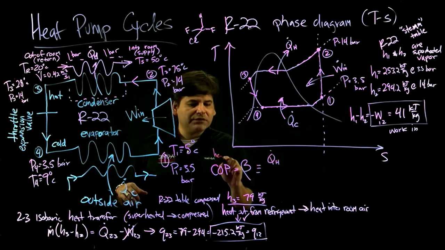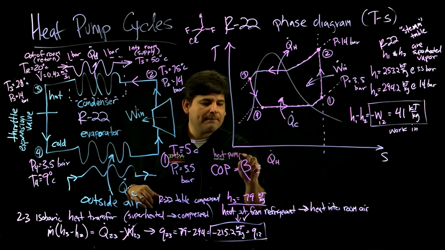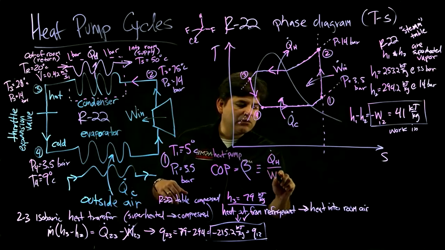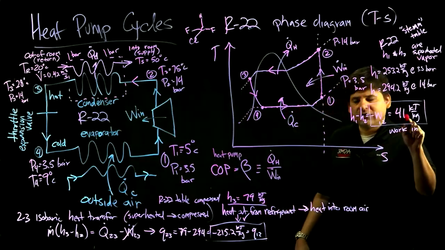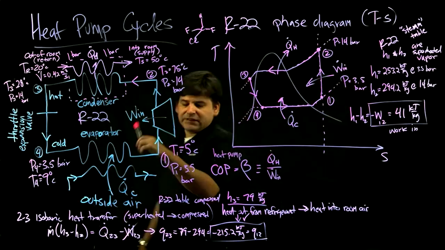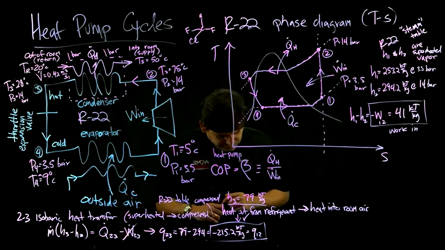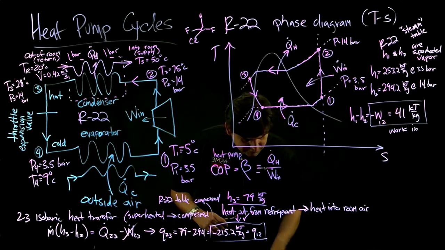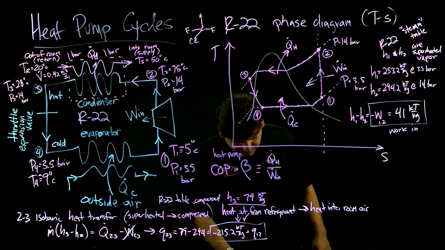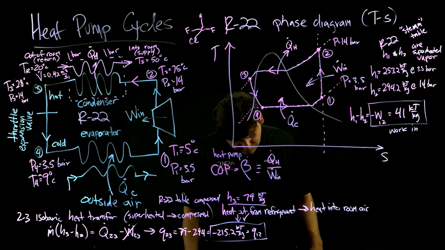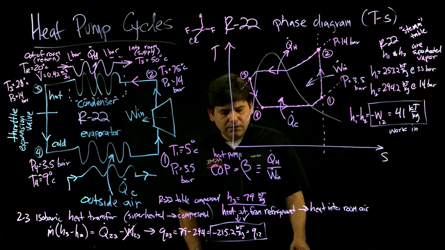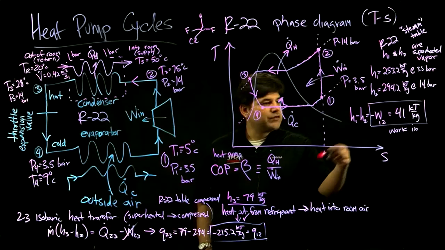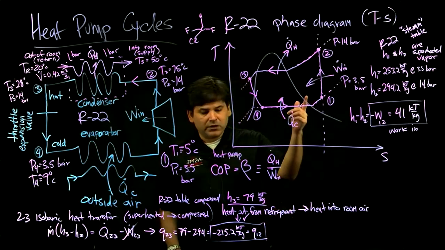So for heat pumps, what you need is some work in. We already found those. We found the work in that you need is 41, and what you're going to get out at these conditions is 215. So by plugging those in, 215 over 41.